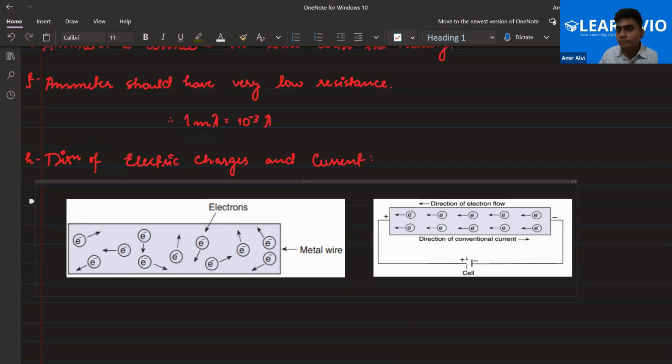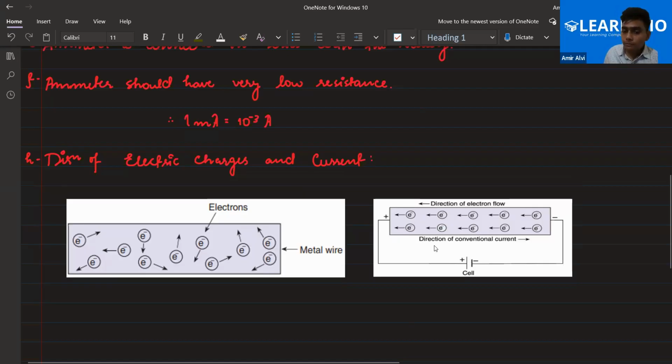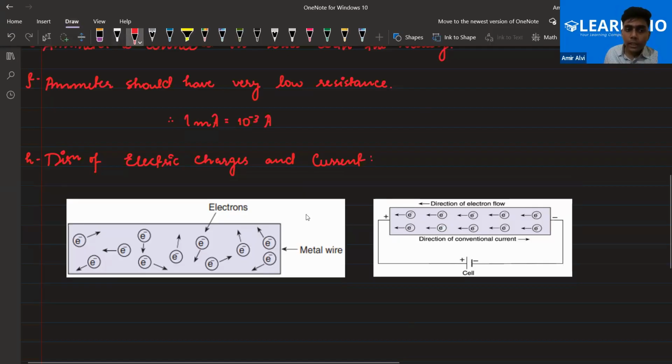Is it clear, everyone? So that's why the current will flow from positive to negative. It means higher to lower. I've told you in the potential class that the electric charge flows from positive to negative. Clear? So that's why the conventional direction of current is from positive to negative.